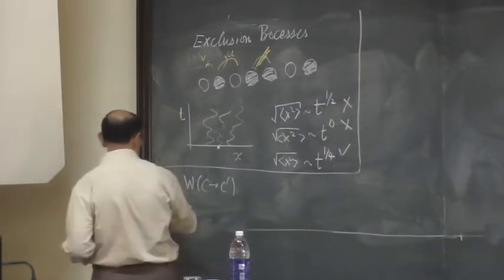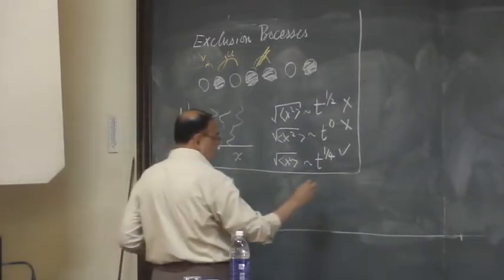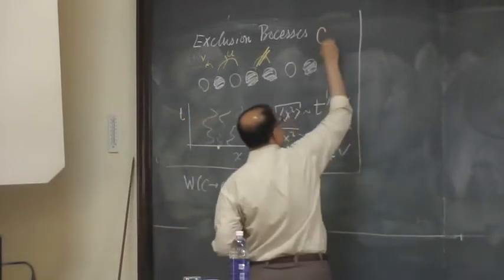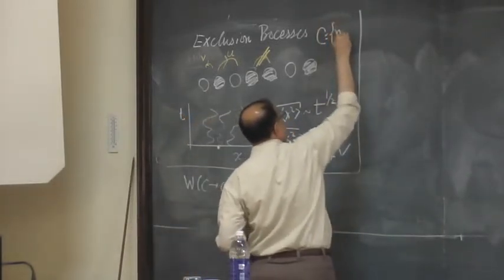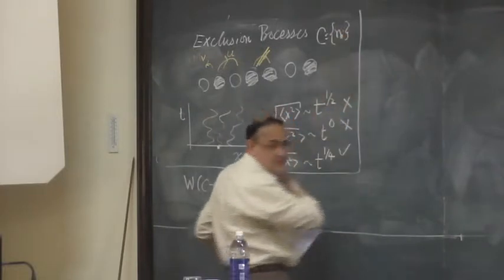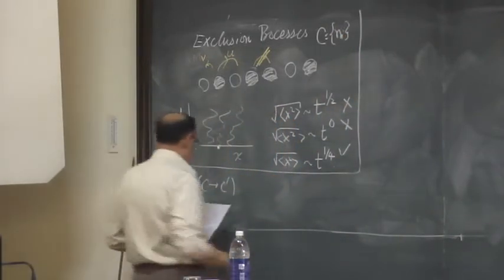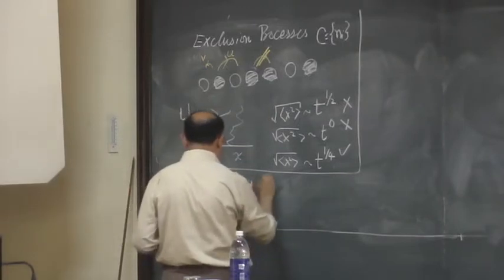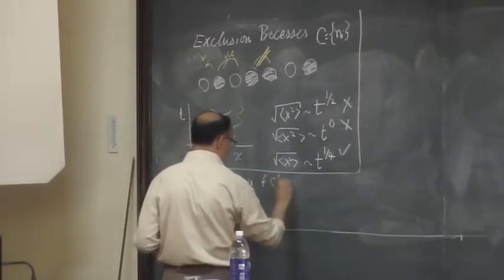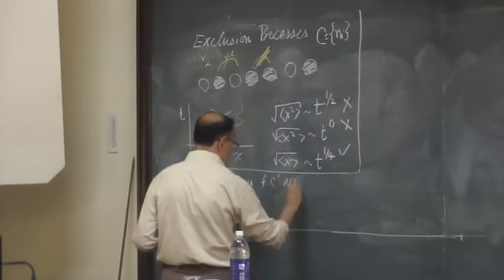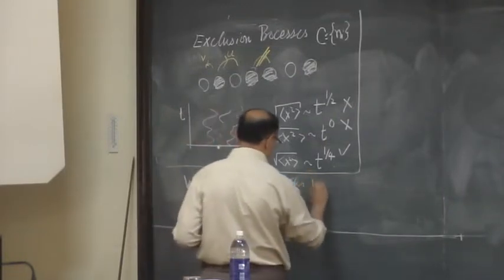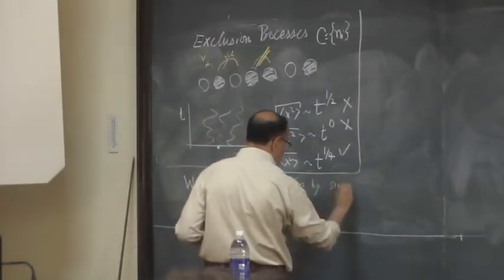Configuration C is the set of all occupation numbers; curly bracket means you specify all. So W(C to C') equals U if C' differs from C by a single particle move.